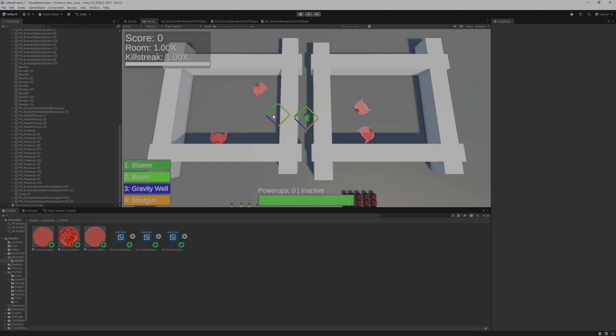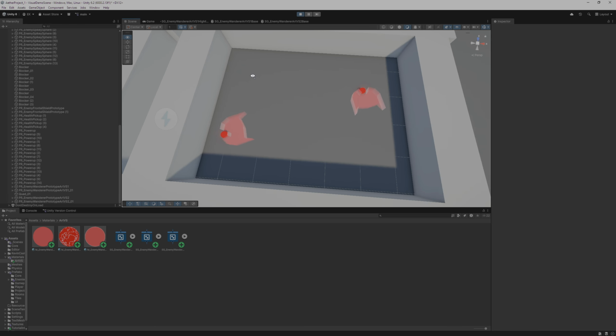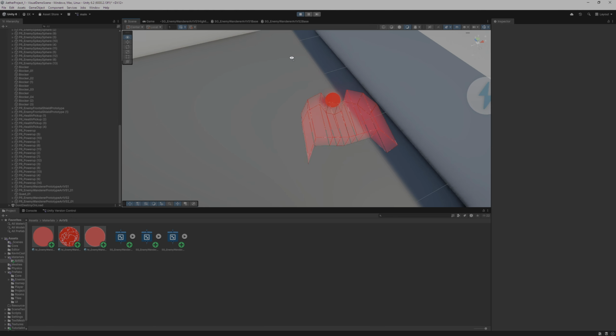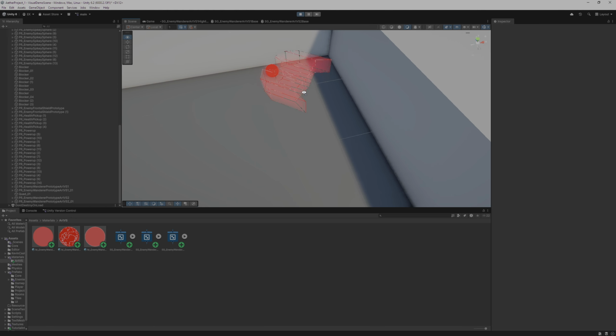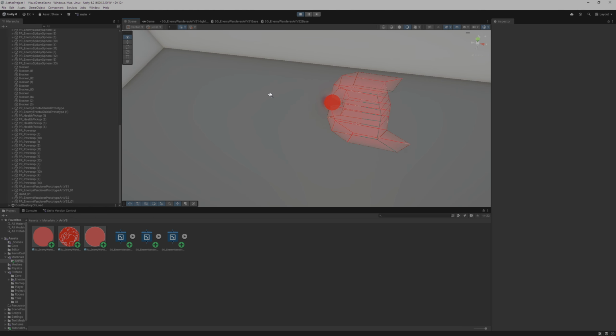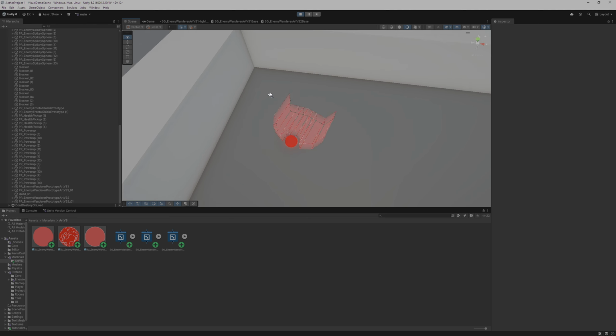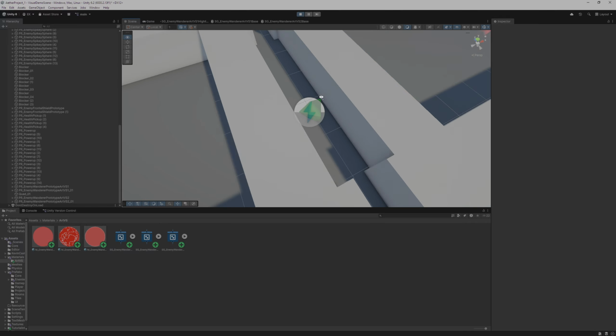So as you can see here, I have attempted to make two variations of the Wanderer enemy prototype. They both have their problems. The one on the left has little outlines, which I kind of like, at least.